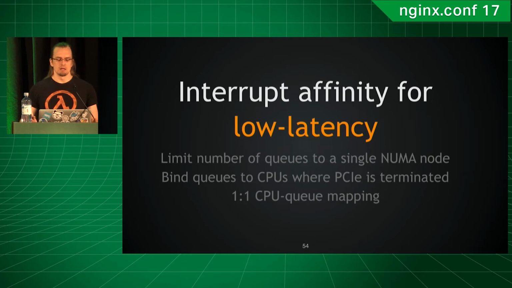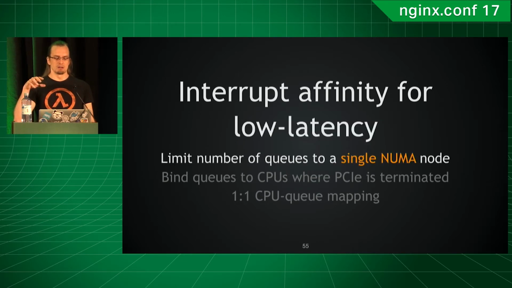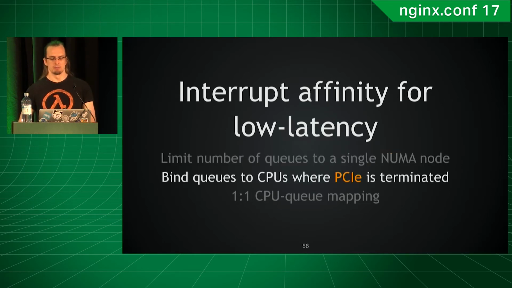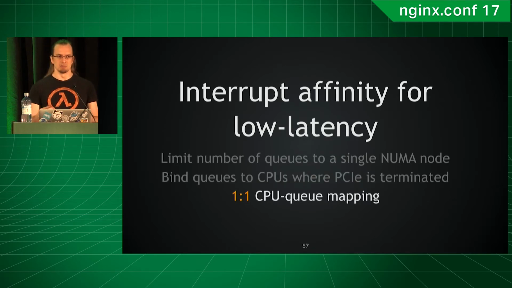The next thing to tune is interrupt affinity. For low latency, you should limit the number of queues you have to a single NUMA node, select the NUMA node where your network card is actually terminated, physically, and then pin all these queues to CPUs one-to-one.